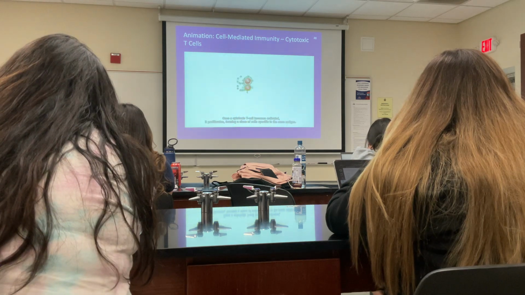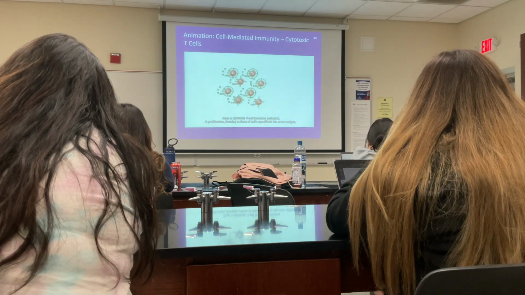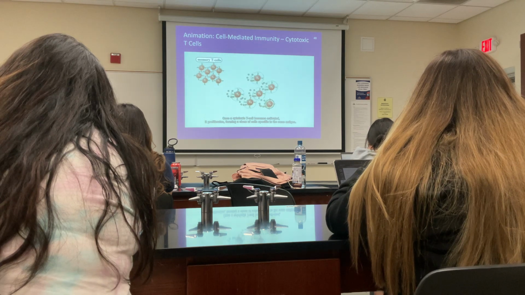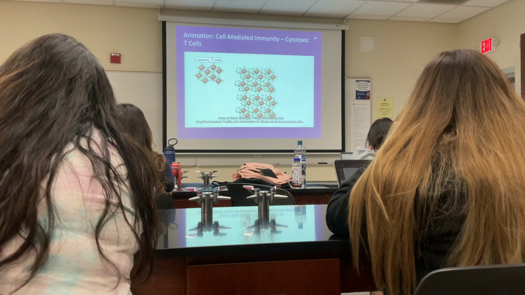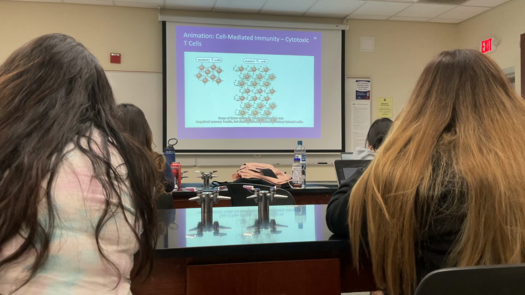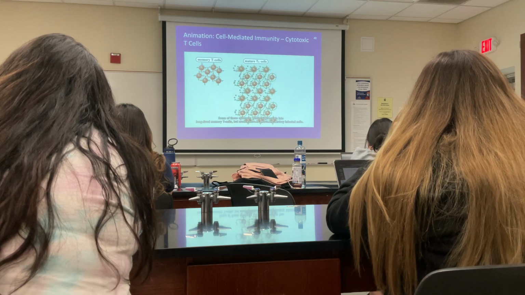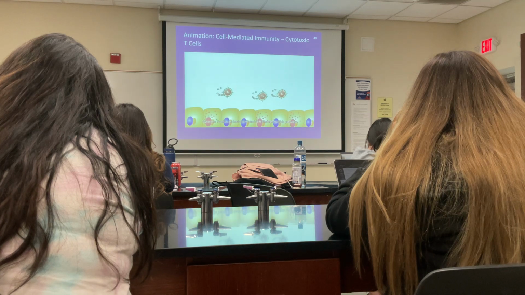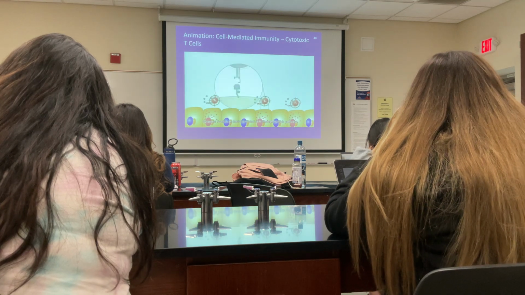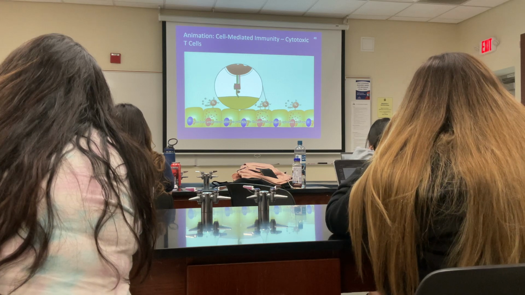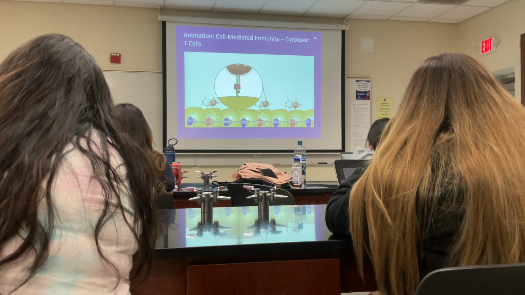Once a cytotoxic T cell becomes activated, it proliferates, forming a clone of cells specific to the same antigen. Some of these cytotoxic T cells differentiate into long-lived memory T cells, but most mature to attack and destroy infected cells. Cytotoxic T cells can destroy infected cells through multiple pathways. The best understood of these pathways is the perforin granzyme cytotoxic pathway.